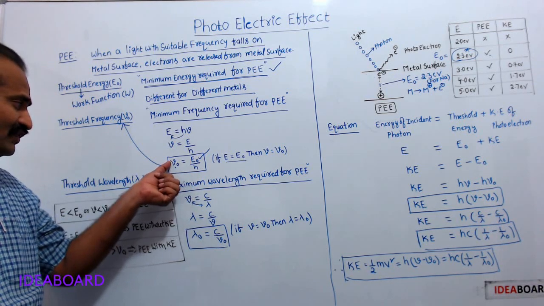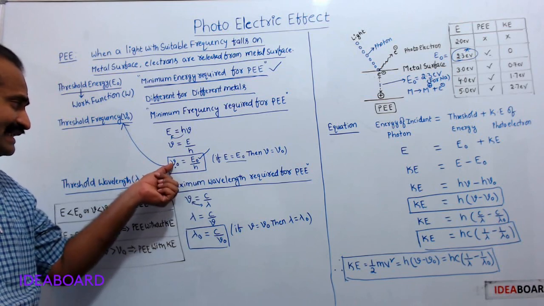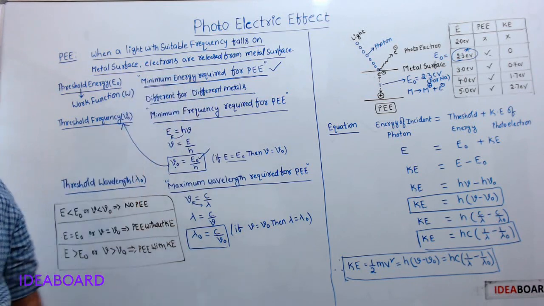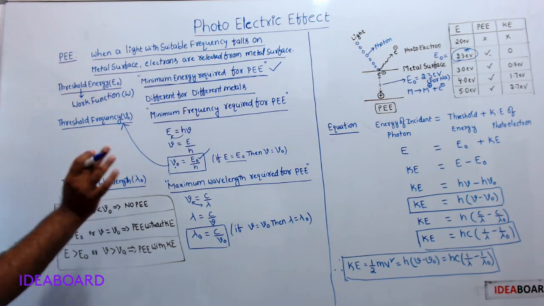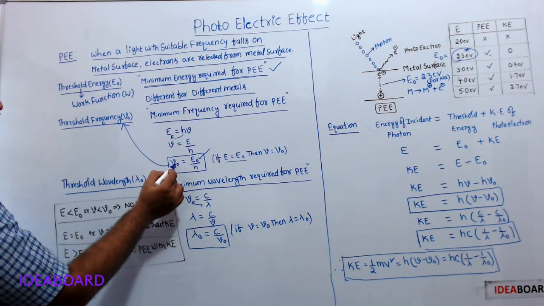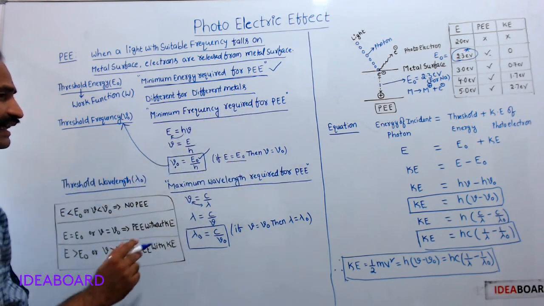This E naught and nu naught are directly proportional to each other. Hence, nu naught is the minimum frequency required for the photoelectric effect. Therefore, in other words, threshold frequency is the minimum frequency required for the photoelectric effect.